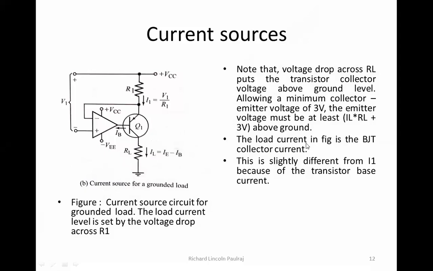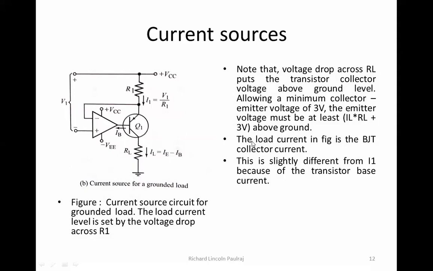So the load current in a BJT is actually the collector current, and this is slightly different from I1 because I1 here is dependent on V1 by R1, whatever input voltage you're giving here, V1 divided by R1. So this is my I1. But IL is completely different. It is actually dependent on the BJT. You can see IE and IB are dependent on the BJT, and the BJT in turn is dependent on the values of resistor R1 and how much input voltage you are giving.